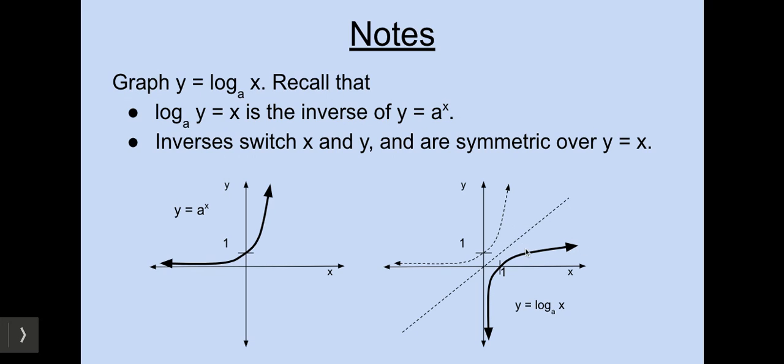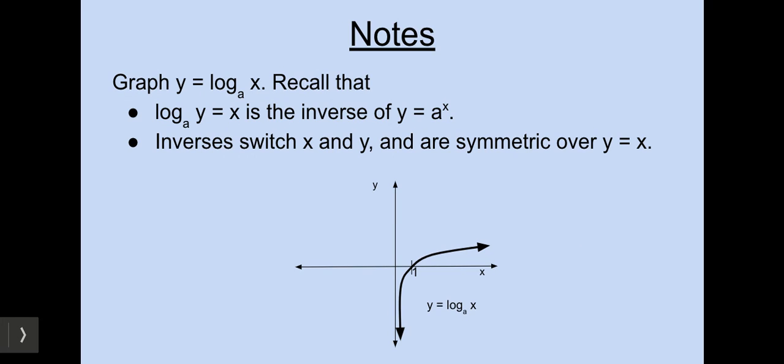And you can see they are symmetric about y equals x. That's that line right there. And here's the point 0, 1, and now we have 1, 0. So this is the actual graph of y equals log base a of x. Again, I didn't write it, but this is a graph for a greater than 1.